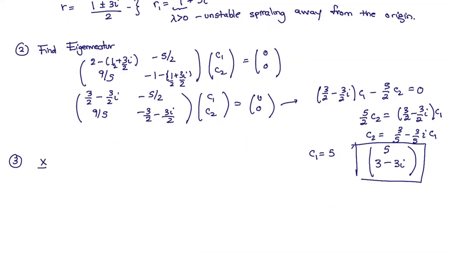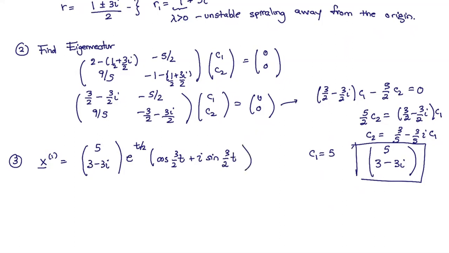So our x1 is going to be the eigenvector, which is 5 and 3 minus 3i, times e to the t over 2, cosine of 3 over 2 t, plus i, the sine of 3 over 2 t. Remembering which is a scalar and which is vector, we're going to take the e to the t over 2 and move it to the side, and I'll end up with 5 cosine of 3 over 2 t plus 5i, the sine of 3 over 2 t.